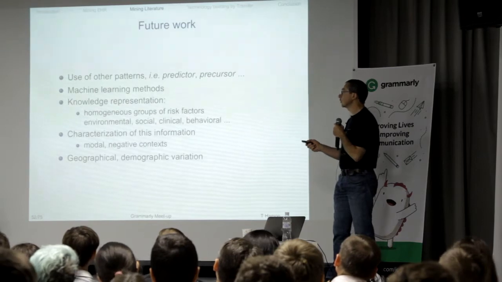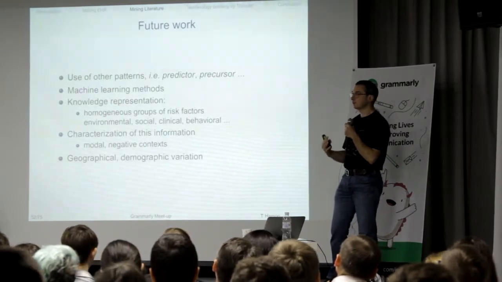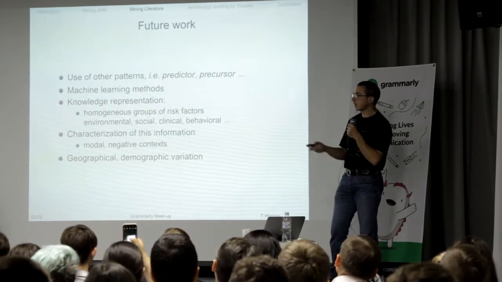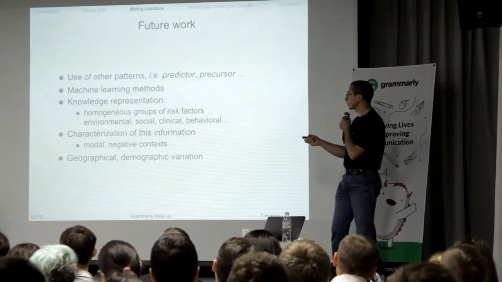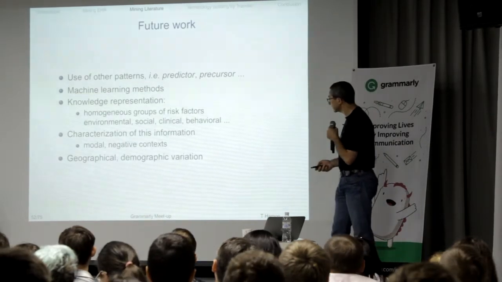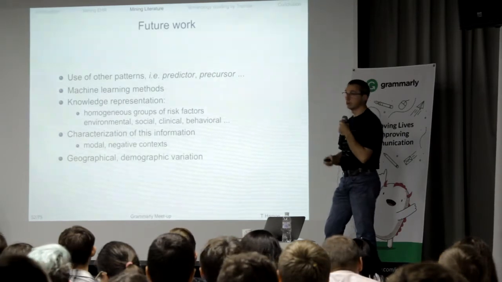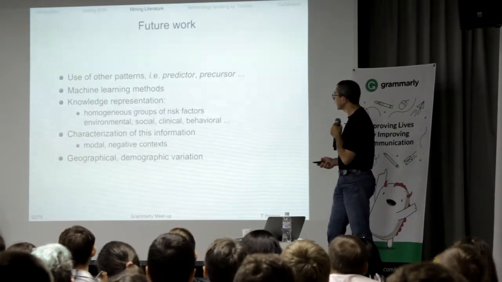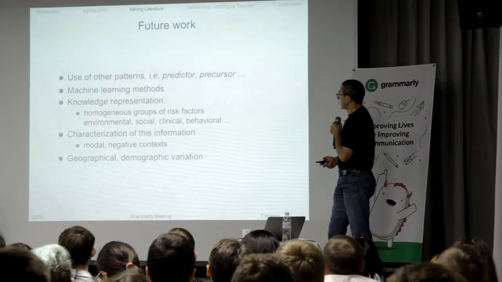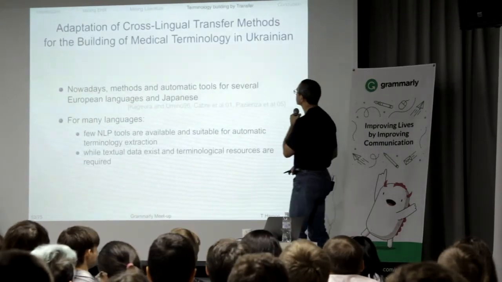And we also have to specify the risk factors according to environmental condition, social condition, clinical condition, and so on. And to take into account negative context and modalities, and so on. Okay, last part of the talk.